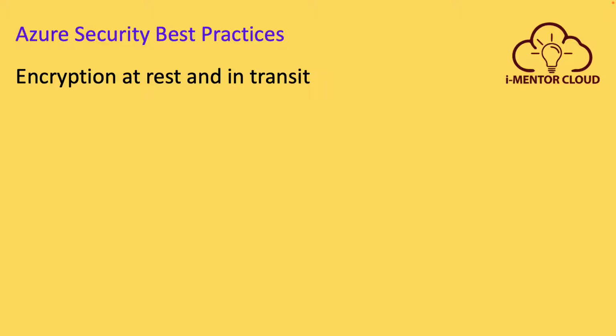the good basic principle: encryption at rest and in transit. It is very important for you to understand this when it comes to data, because in your data center, if it's an old data center, for example, you probably have an encrypted disk on your server, maybe on your databases.